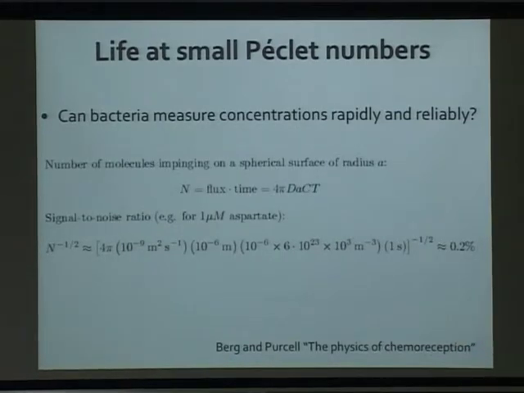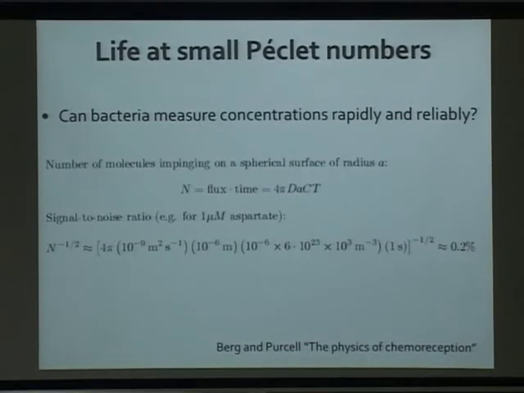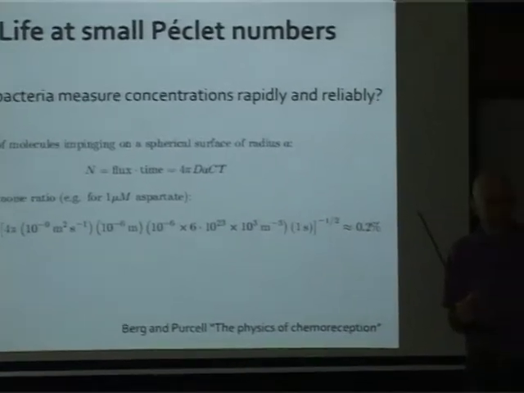Now, the nice thing is again that the basic motion is diffusion. So what matters is not the fraction of the cell surface which is occupied by receptors. It doesn't depend on how finely you cover your surface with receptors.